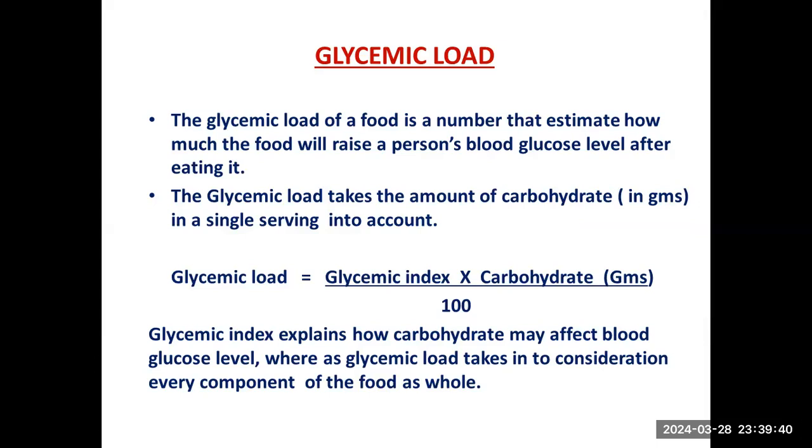Glycemic load takes the amount of carbohydrates in grams in a single serving into account. That is, if we take a certain diet, a single serving, after digestion, how much glucose is produced. So glycemic load can be calculated by glycemic index multiplied by carbohydrate in grams, divided by 100.